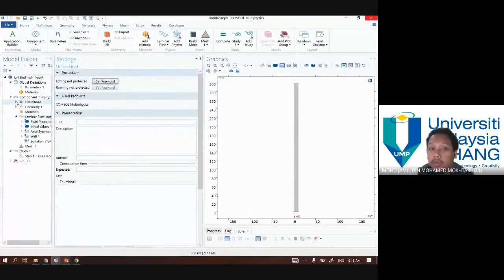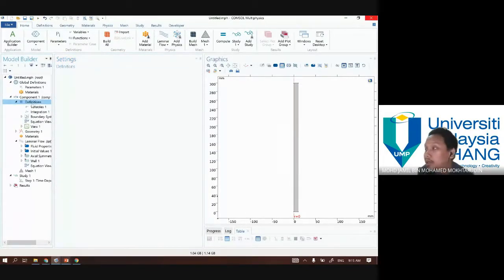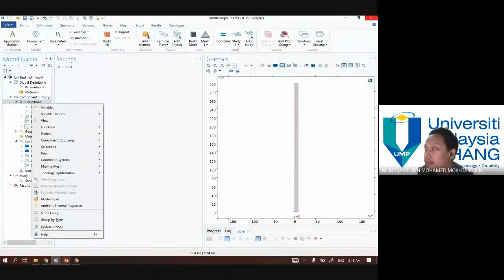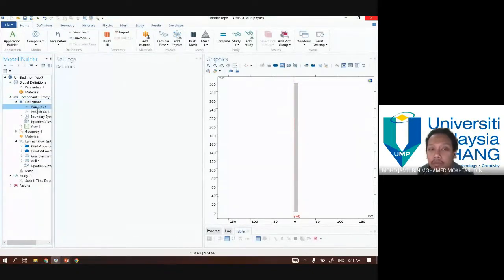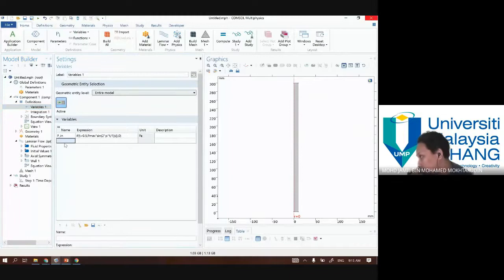Before that, we need to calculate the flow. So in variables, you need to calculate the flow. We name it flow as Q. The flow measures the flow of fluid about this line that you highlighted just now. So we need to integrate.